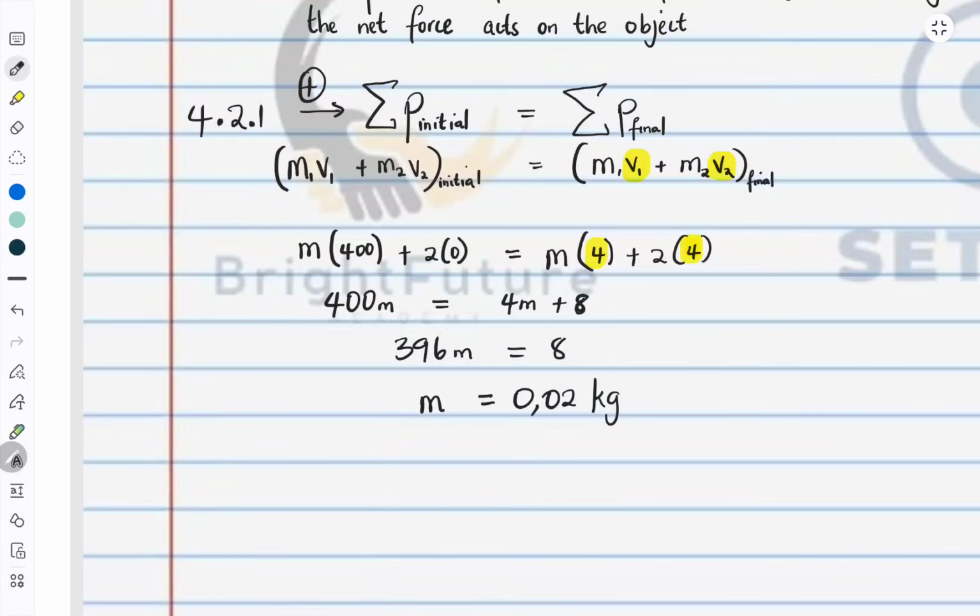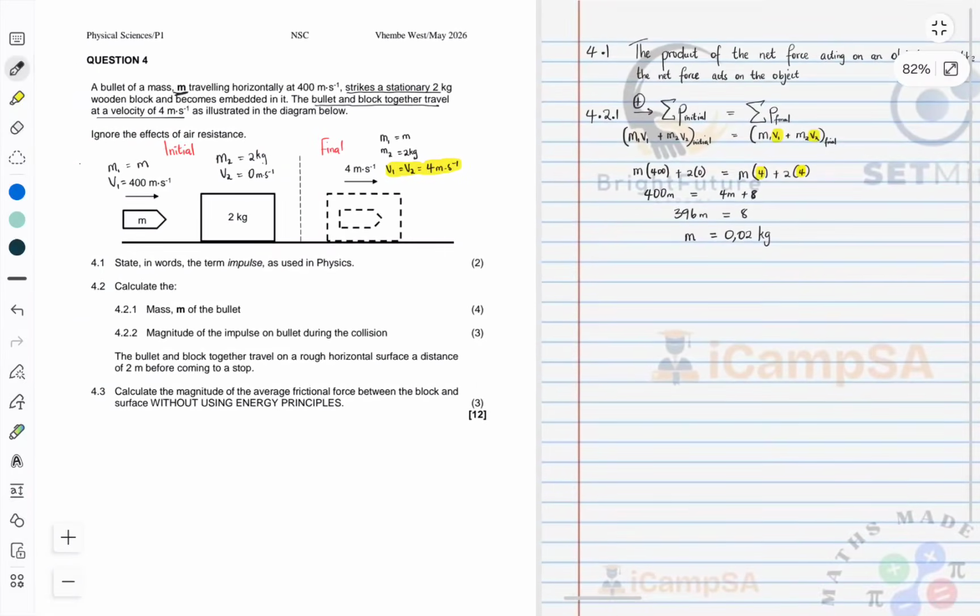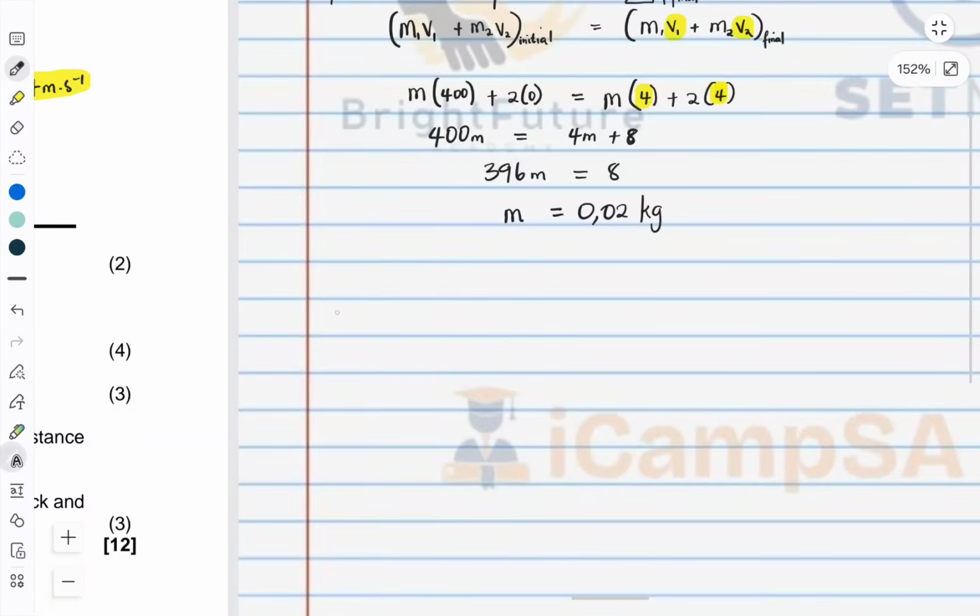That's the mass of the bullet. So this is equivalent to, let's see, 20 grams. It's more or less reasonable for a bullet at least, right? So yes, now let us continue to 4.2.2.